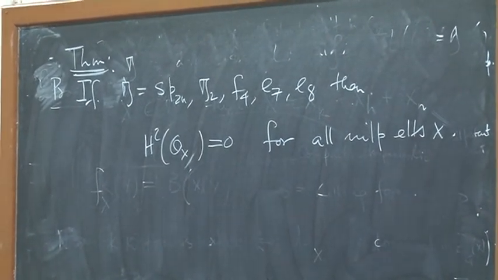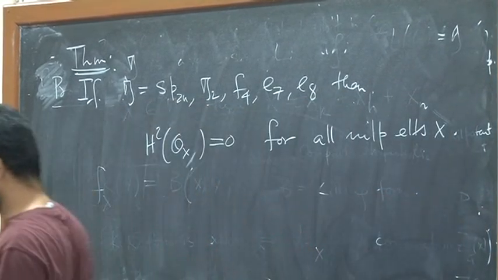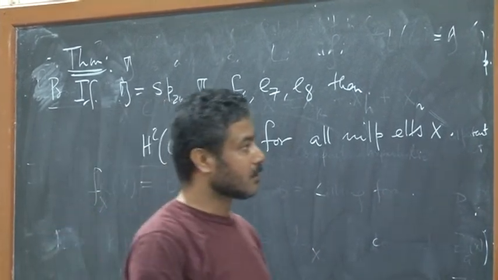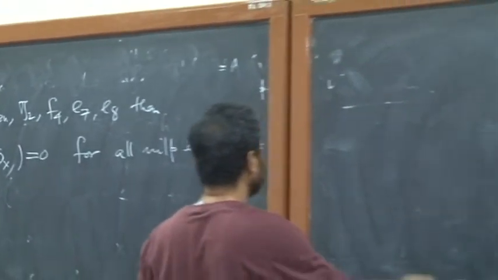Nilpotent orbits in SL_n are in bijection with the partitions of the integer n.